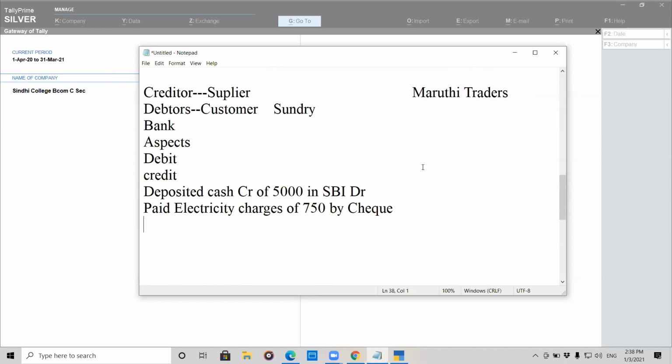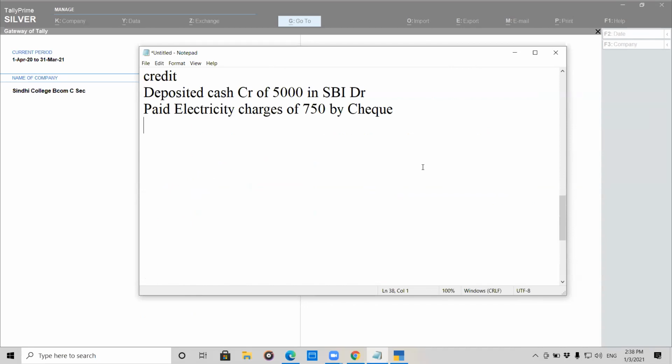No, sir. Bank account creditor and electricity charges debit. Are we depositing? Are we withdrawing? No, sir. We are giving the check, and the bank has to give it. So the bank is crediting, and the electricity charges are debit.